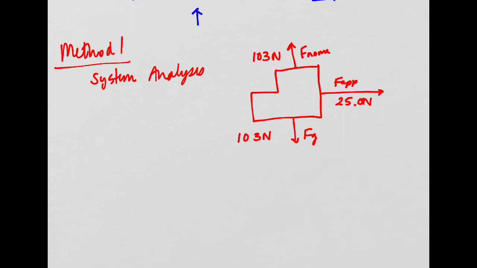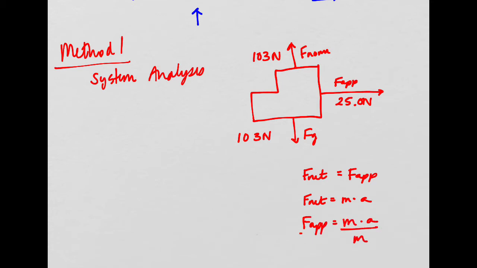Okay, so we know that the net force is going to be equal to the applied force because there's no vertical motion. We know that the net force also equals mass times acceleration. So I can say that the applied force on both objects equals mass times acceleration.